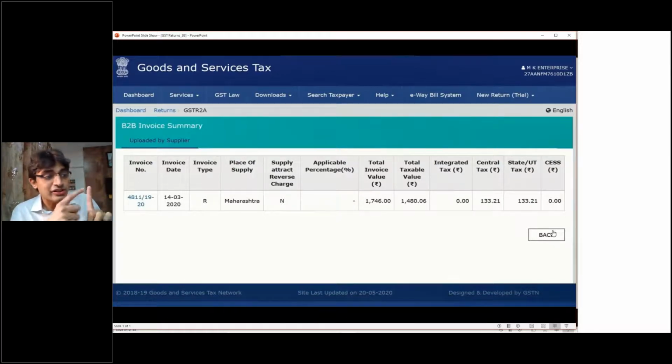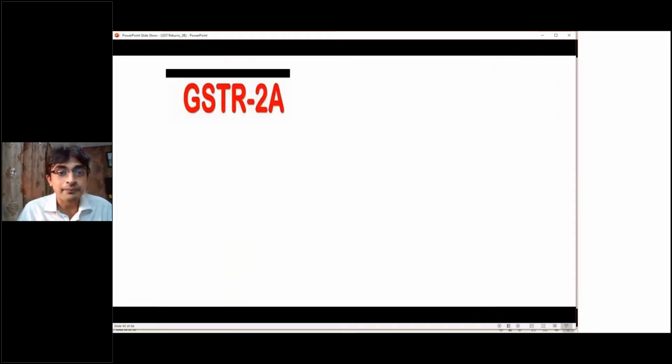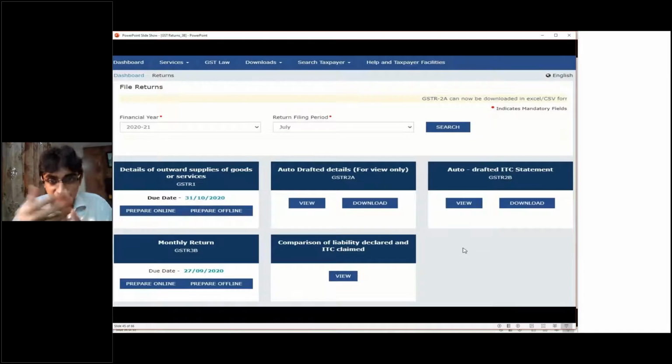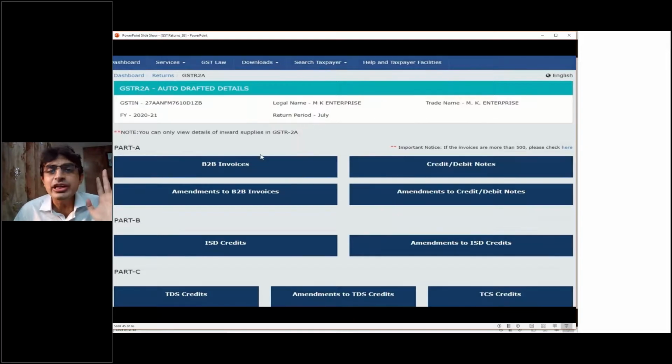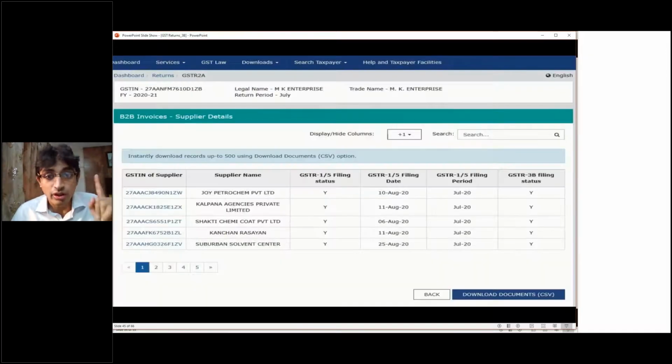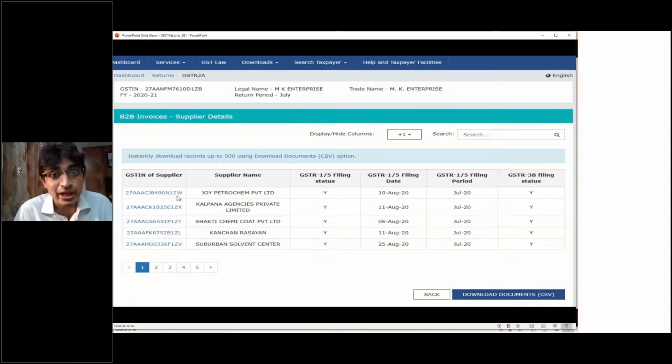So I will file GSTR1, and you can see it in your GSTR2A. Again, see in detail. Suppose you are a buyer and you have purchased from Joy Petrochem. Whether the supplier has filed GSTR1, whether he has filed GSTR3B, all the details you can see in your 2A. This is a big update.